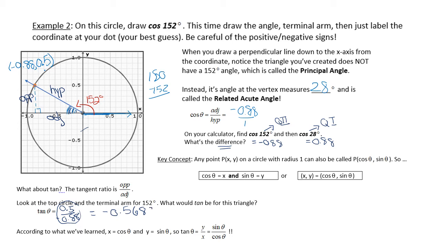So that is tan. Now on your calculator, I want you to put tan of 152 into your calculator.